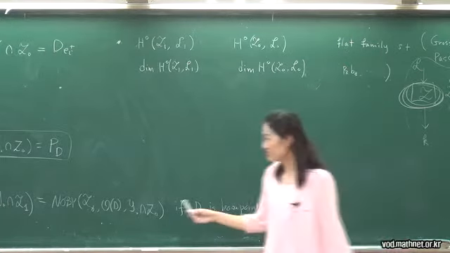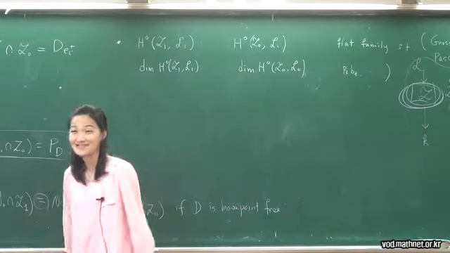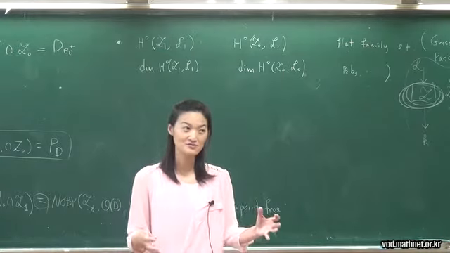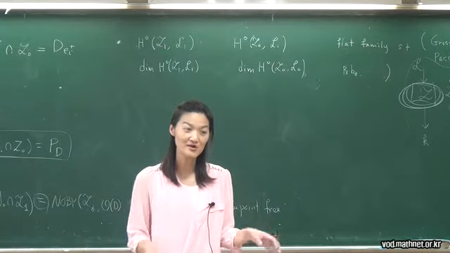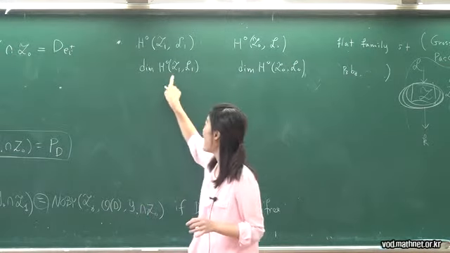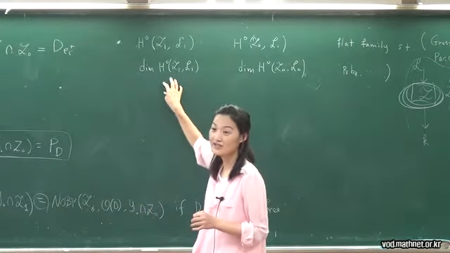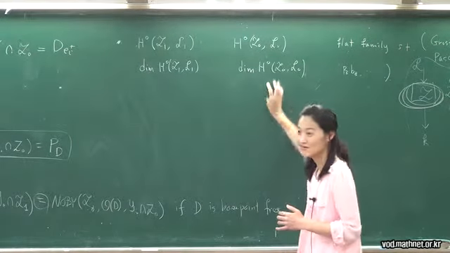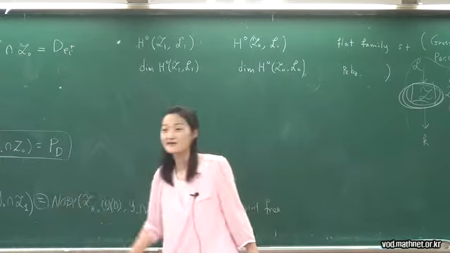To have this equality, they must have the same dimension. To construct the Newton-Okounkov body, we compare all the values, and this dimension tells you how many values you will get. If this one does not match with this one from the very beginning, they cannot be equal.